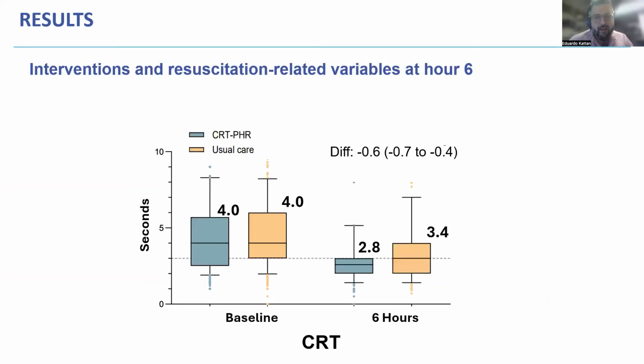And as stated in the paper, patients that were randomized to the intervention group had lower capillary refill times at 6 hours. And we see how not only the numerical value is different, but the number of patients with a CRT under 3 was around 87% in the intervention group versus around 60% in the control group.